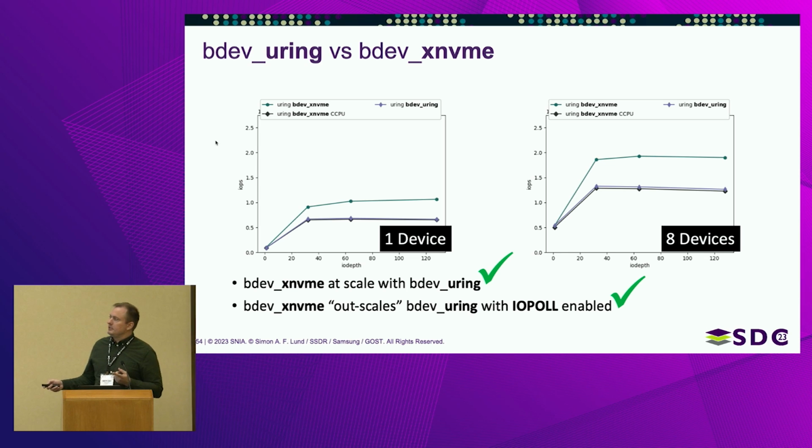But with BDEV xNVMe you can flip on I/O polling, and then you go from the graphs you see here and bounce up to this one. And same here at 8 devices, we just see that graph scaling up better. So the good news is that if you're running an SPDK application and you're falling back to using BDEV uring, you have a performance boost to gain just by using BDEV xNVMe at this point.